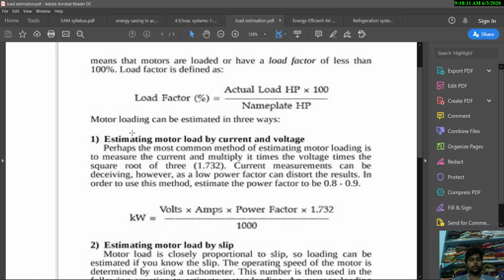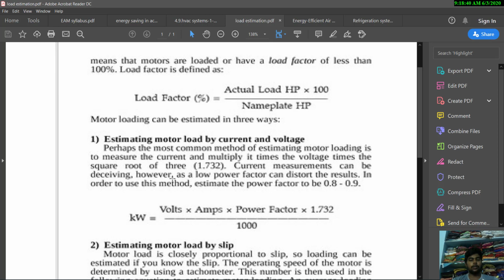The motor loading can be estimated in three ways. First, estimating motor load by current and voltage, that is, by knowing the current and voltage for different loadings along with the power factor, multiplied by the constant 1.732 and divided by 1000, we get the loading of a motor.